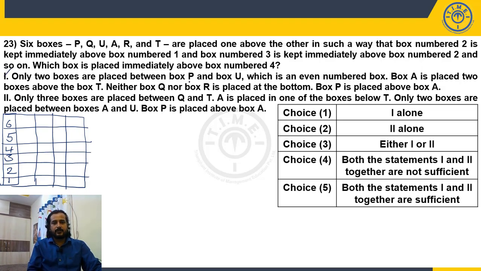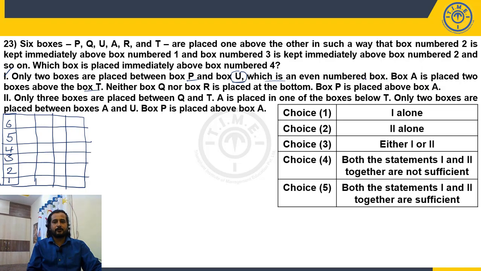Only 2 boxes are placed between box P and box U. Between P and U, how many are there? 2. And U is an even numbered box. A is placed 2 boxes above T. Neither Q nor R is placed at the bottom. Box P is placed above box A.